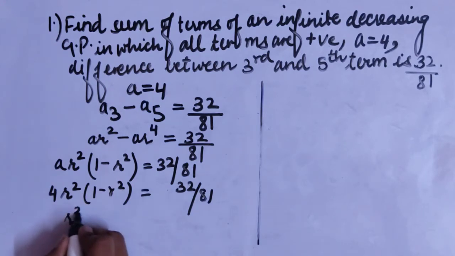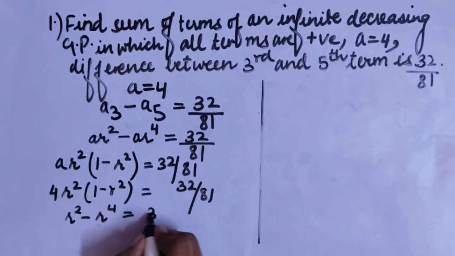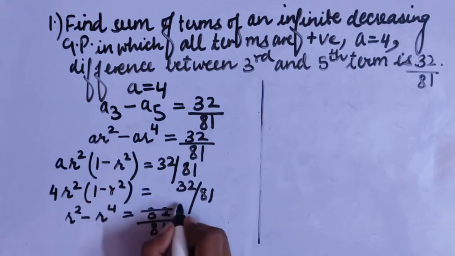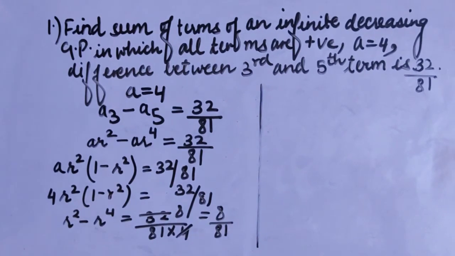Afterwards, we will get r square minus r raised to the power 4 equal to 32 upon 81 into 4, that is 8 upon 81. So we have got the equation: r square minus r raised to the power 4 is equal to 8 by 81.